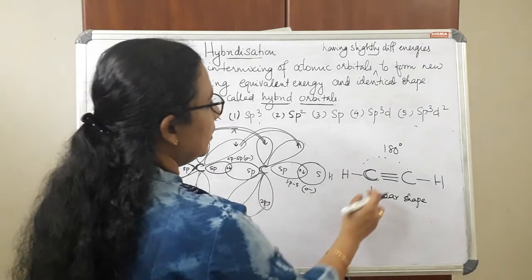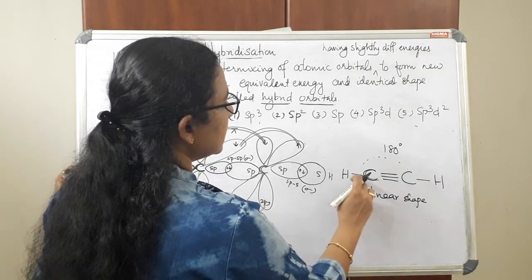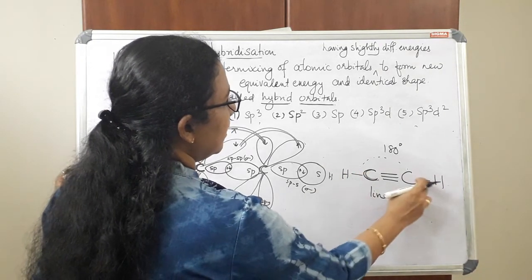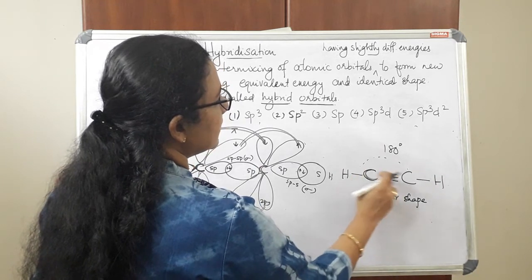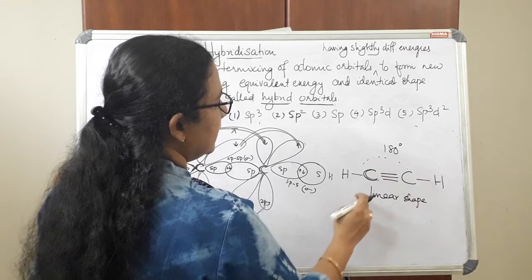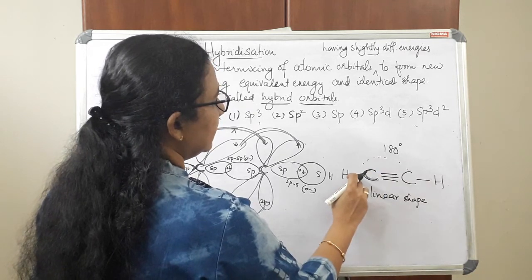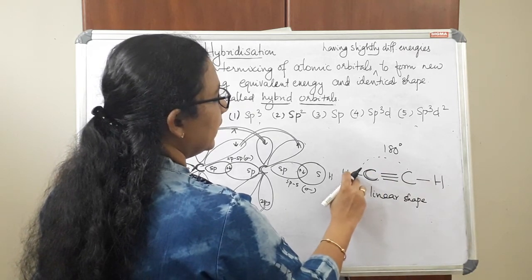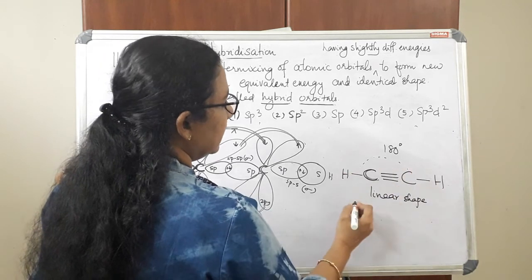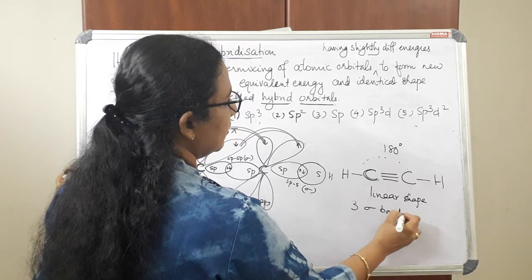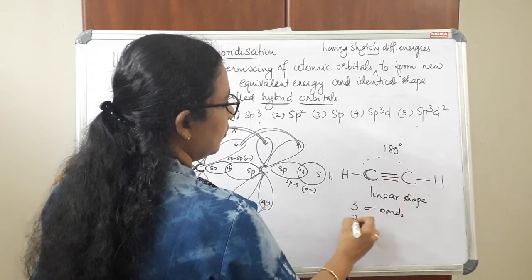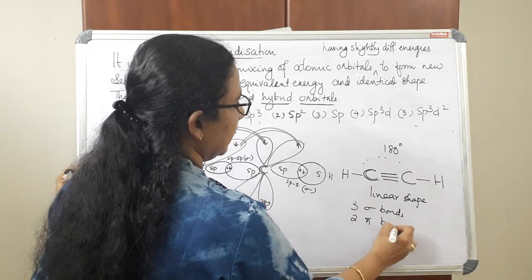So the ethyne molecule is having two CH sigma bonds, and there is a triple bond between the carbon atoms. So in total we can say there are 3 sigma bonds and 2 pi bonds.